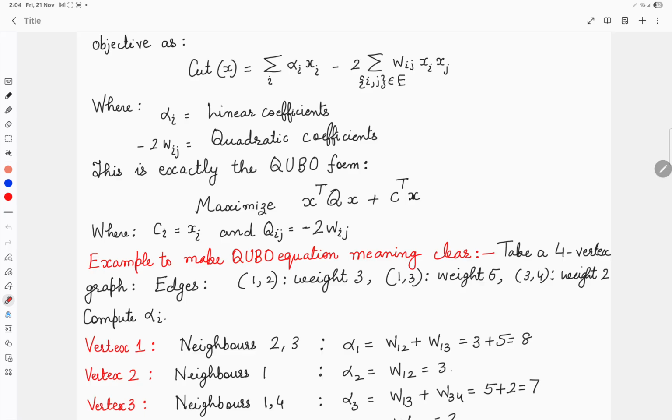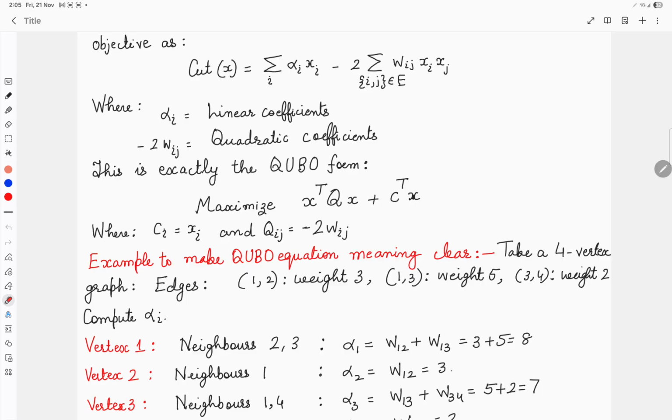Although all these three formulations are similar, with very minor changes, we can use the classical Ising model, where we have to find the minimum energy or the ground state of the system, because the ground state of the Ising Hamiltonian will give us the solution of the problem.